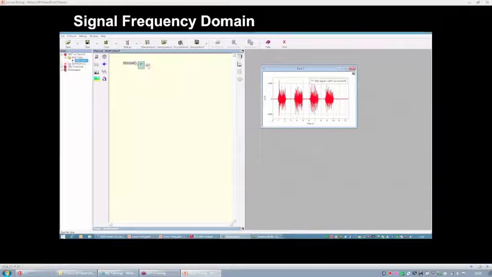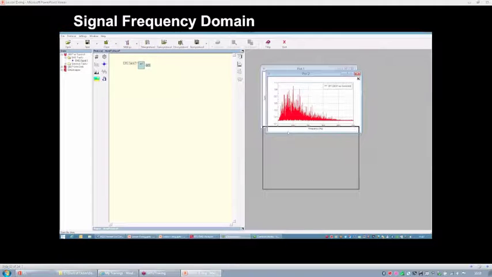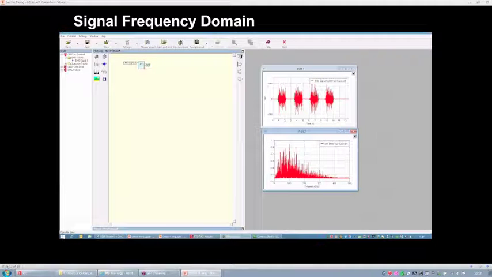You just have to drag and drop the input, the raw EMG, into this block to get the spectrum. The second option is to compute the power density spectrum. In this case, you have to put two inputs instead of one. The first has to be the raw signal, and the second, the duration of the time epoch.